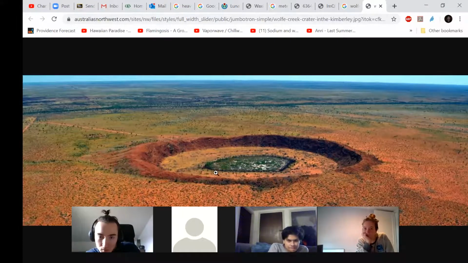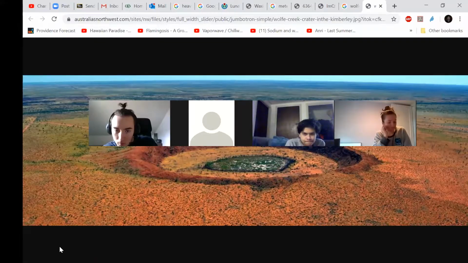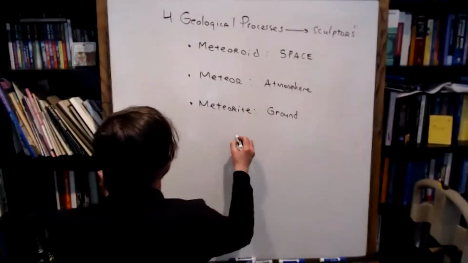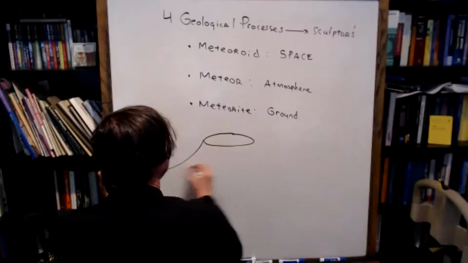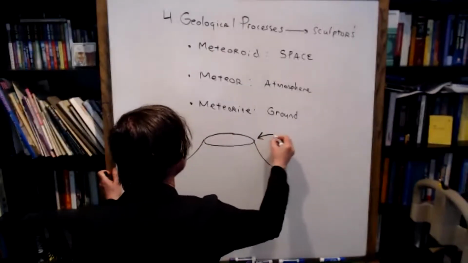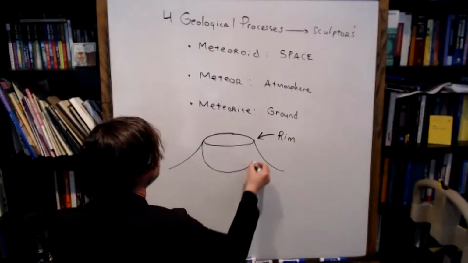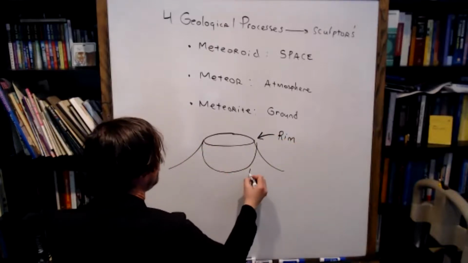Yeah. Oh, by the way, if we wanted to get technical about these things, and you know we do, we could diagram parts of a crater. Some terms here. Craters tend to have a rim, okay? The bowl that's excavated is called the basin, okay?